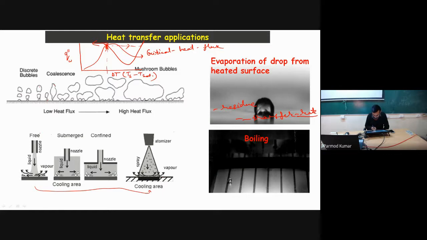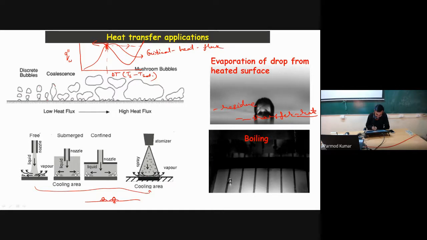Over this surface these drops will be striking; one drop strikes like this, another drop strikes like this. Then, depending upon the wettability characteristics, meaning hydrophilic, hydrophobic or superhydrophobic nature of the surface, these drops will spread over the surface.